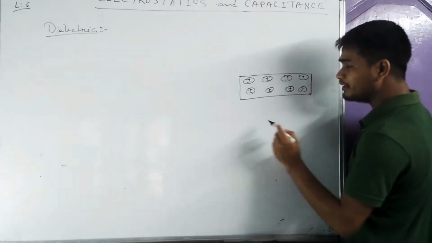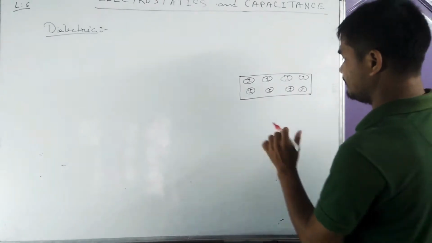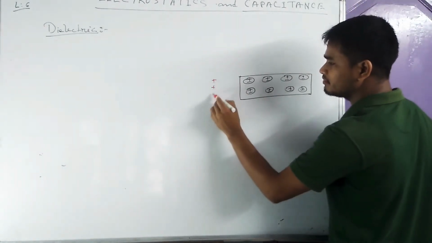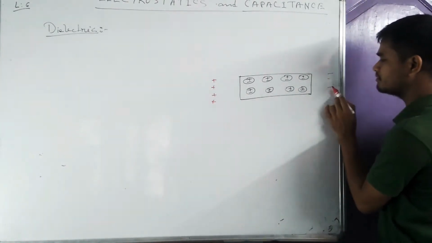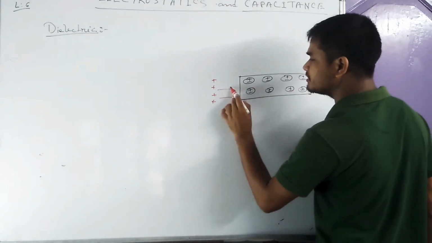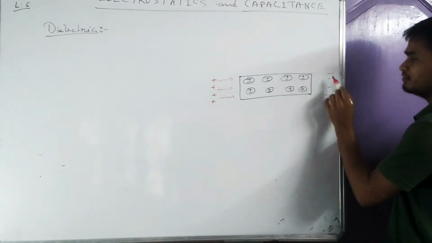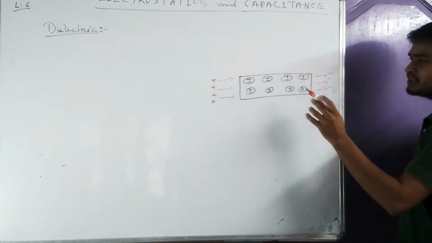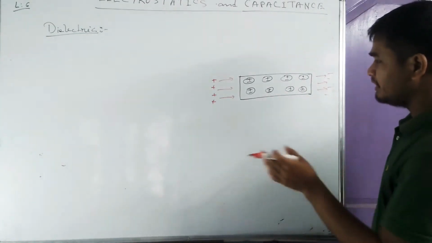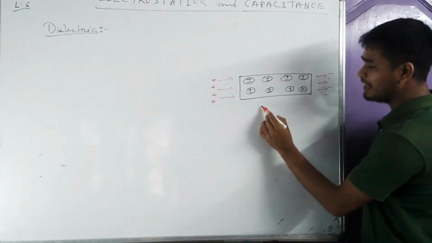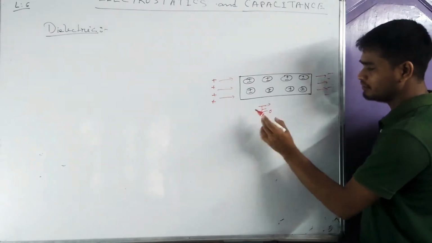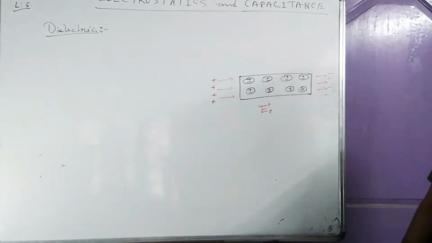Clear? If we apply an external electric field, let us consider these are plus, these are minus, that is, in this direction the electric field is there. We place the dielectric inside an electric field having intensity E0. That is, E0 is the applied electric field.